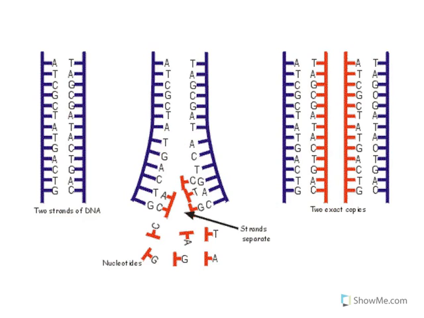Now in this picture, you can see the completed process. Here you have your original DNA with a specific sequence of bases.